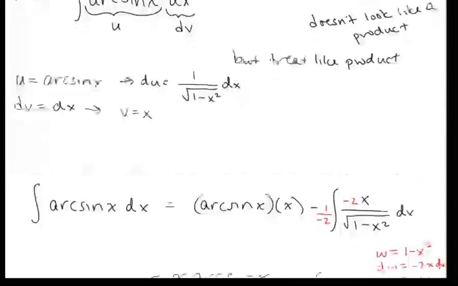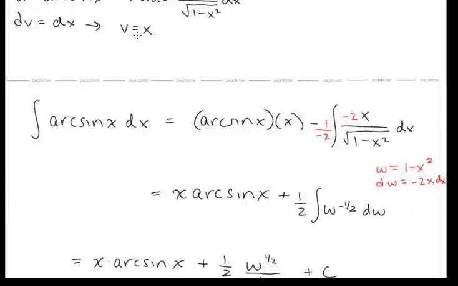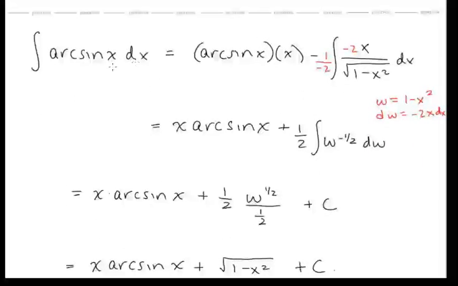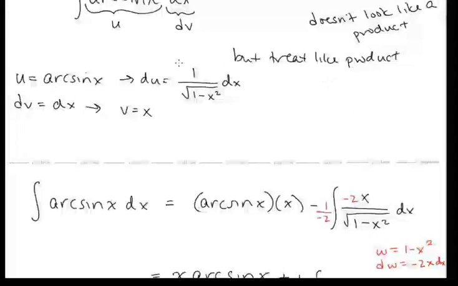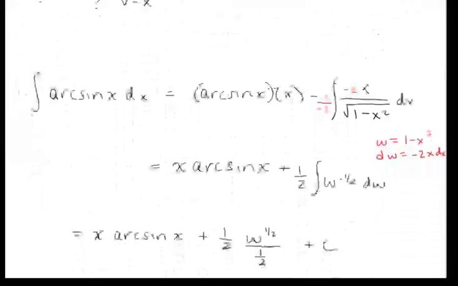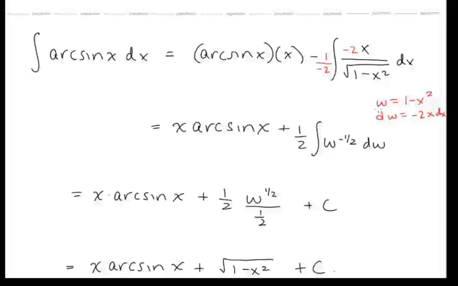So now we're here, we plug into the integration by parts formula. Integral u dv is equal to uv minus integral v du, so we're here. But we notice that we have x over radical 1 minus x squared. That's a typical u substitution problem. But instead of calling it u, because I have u here, I'm going to be proper and call that w. So I'm making a w substitution here.